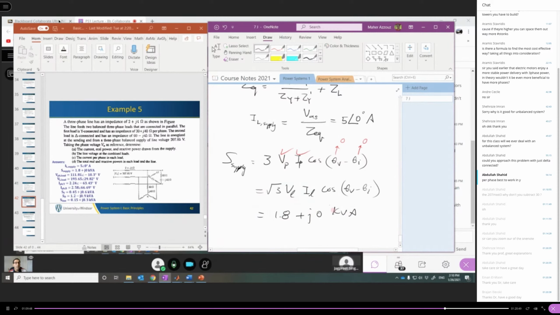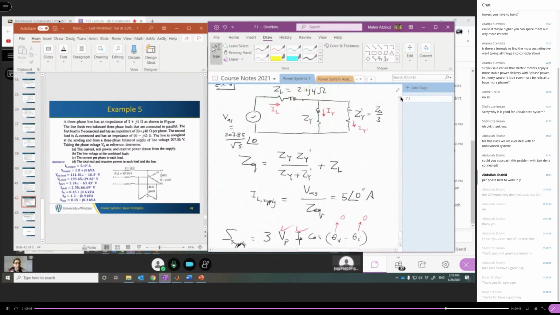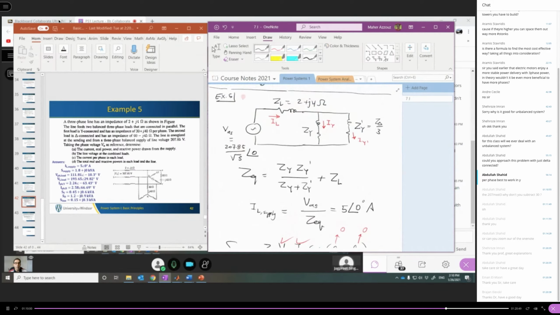As you can see, we don't have any reactive power. We have all active power. This happens because the second load is capacitive. It has a capacitor bank, as you can see here.